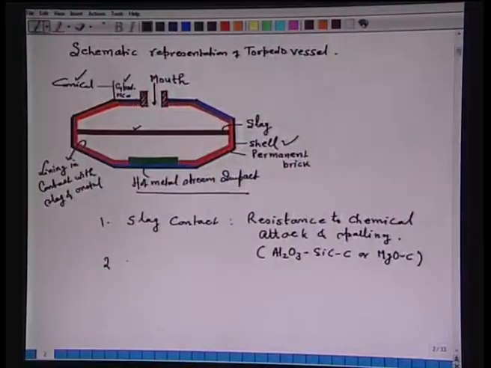Another critical zone is the impact zone, or the hot metal stream impact zone. That is, this particular area where the stream falls.